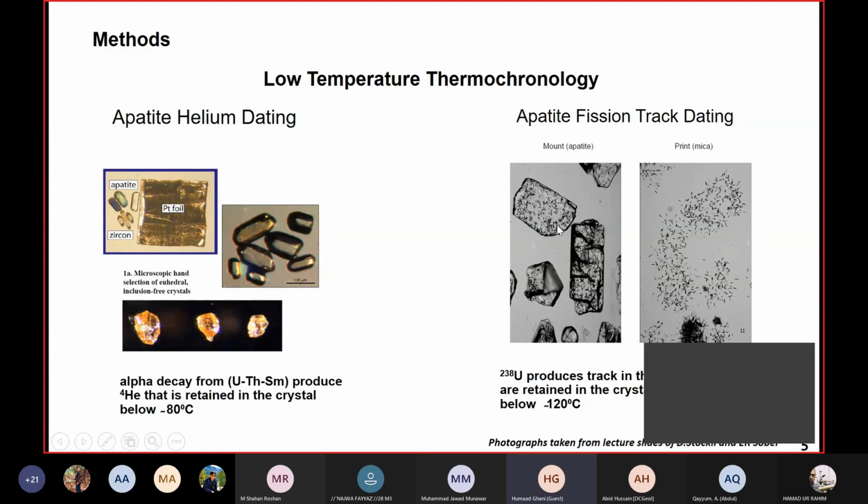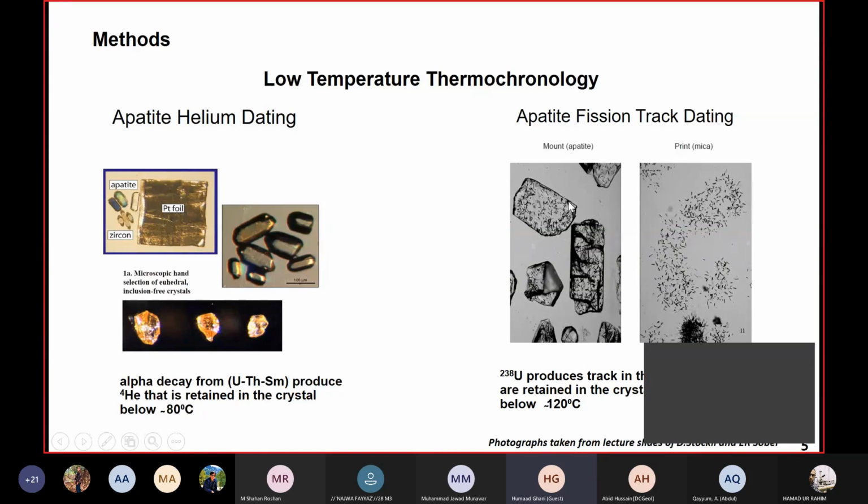And what we do is put a microsheet on top of these polished sections containing apatites, and we send them into a nuclear reactor for thermal irradiation. What comes back is that uranium-235 from the apatite crystal produced some new tracks that are induced into the external detector, in this case mica.